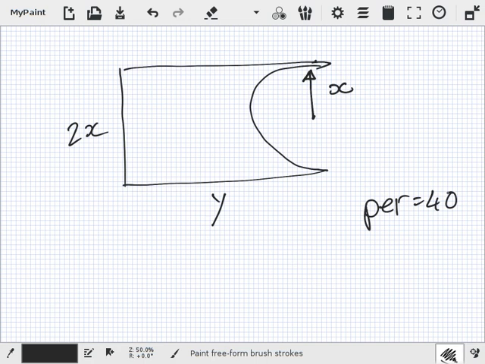Perimeter of a shape. Just generally, what does perimeter mean? It's the outside part, isn't it? Yeah. It's the length of the boundary, like the length of the wall, nearly. How much fence is around it.